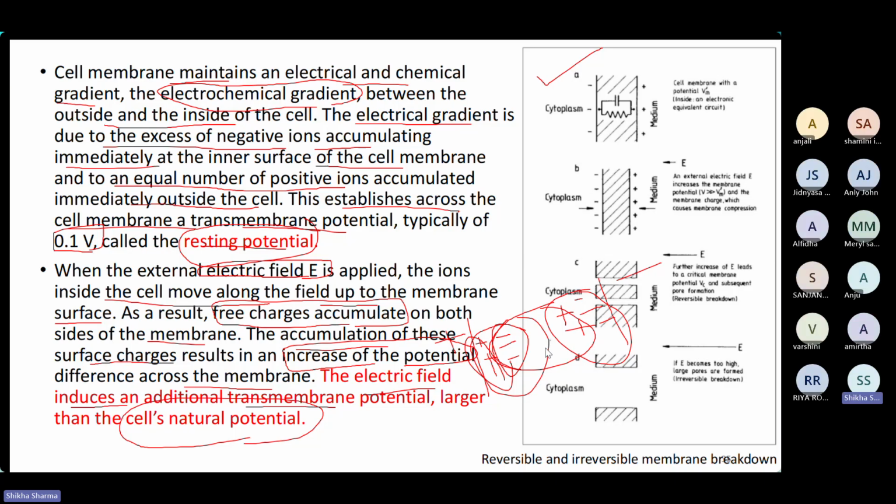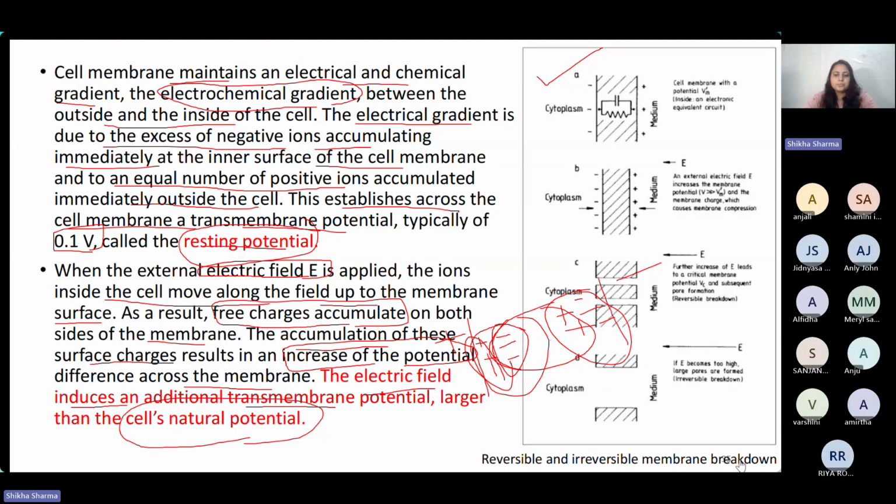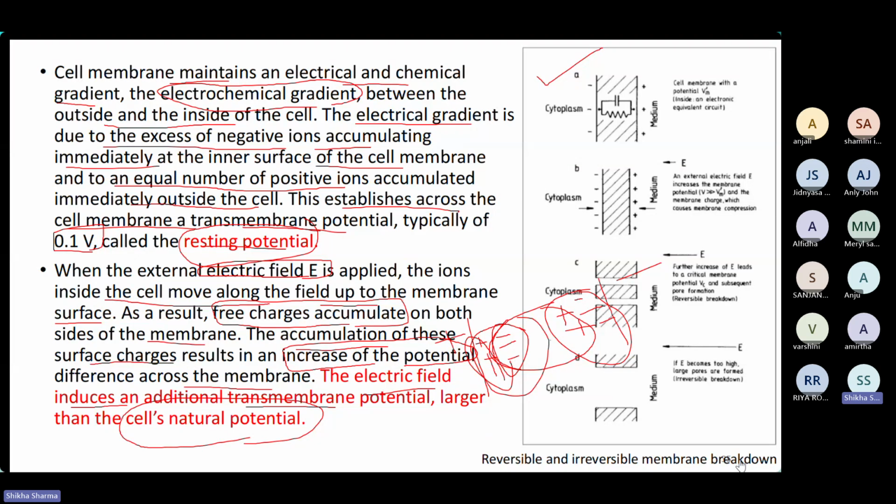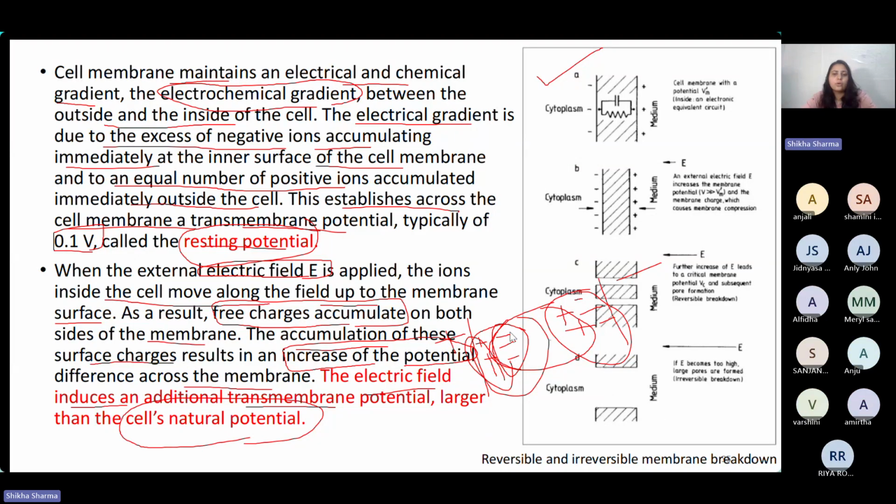So if we apply an external electric field, more ions will accumulate inside the cell of the microorganisms, and more positive charge outside. Because of that, a high potential will develop, which is more than the resting potential or the threshold potential.